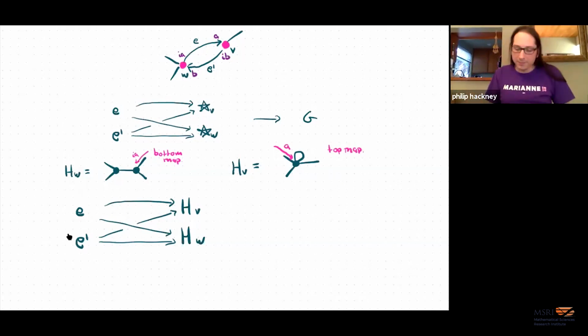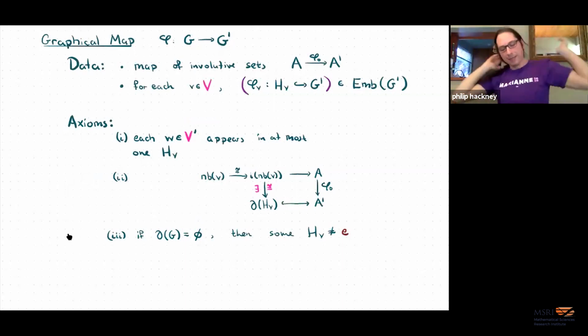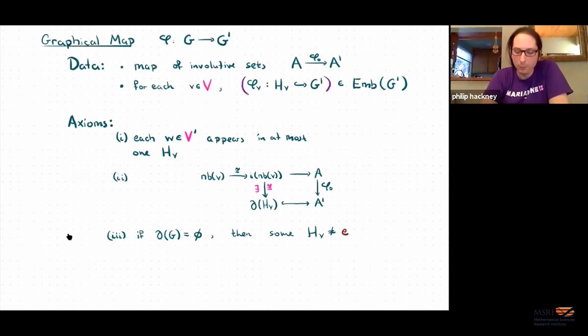Okay, so I think we're ready to define what a graphical map is, and here's a definition. So this is expanding on the notion of embedding that we had before, which are examples. So remember, in an embedding, you have a map on arcs. That's a map preserving some involution. And so here you still have a map on arcs preserving some involution.